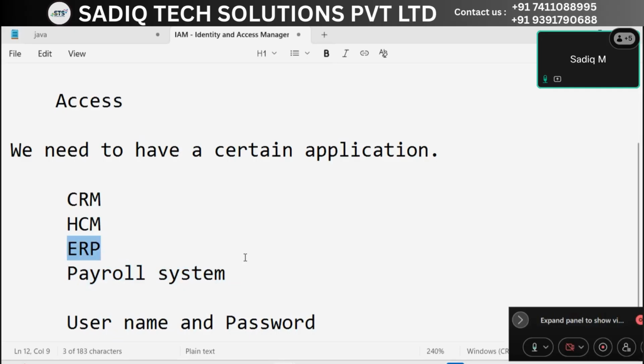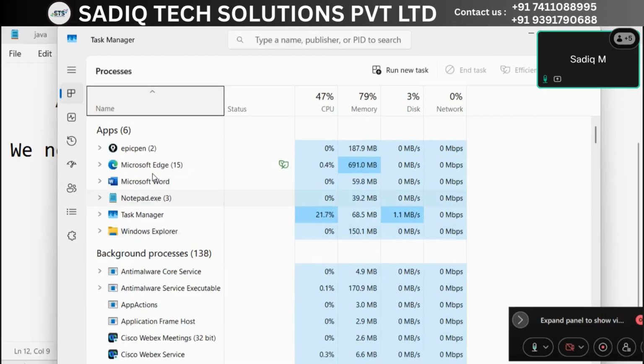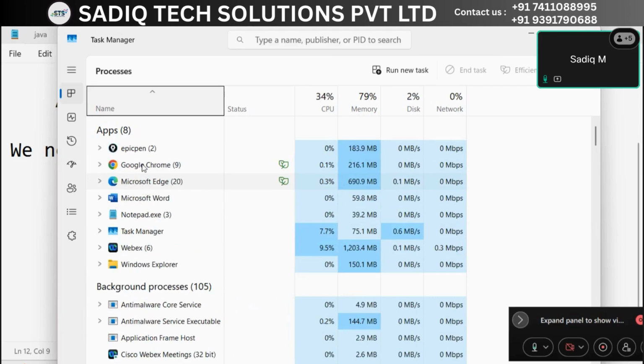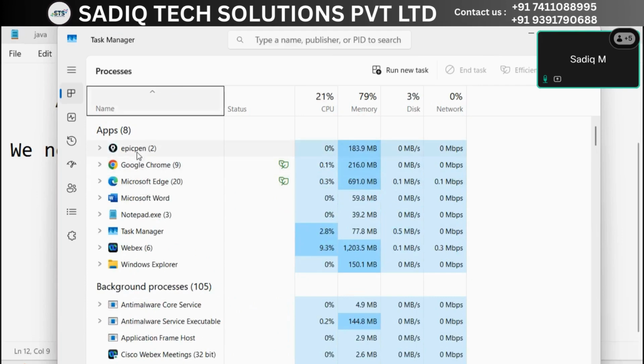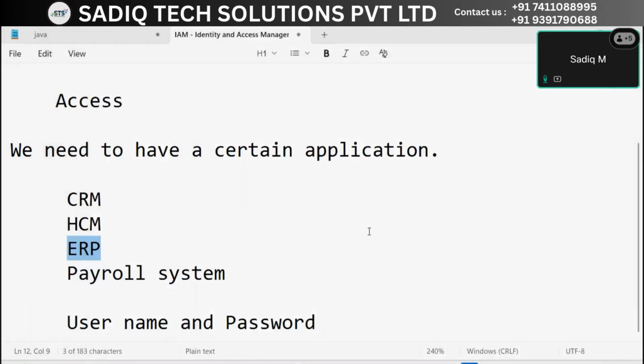Suppose in an organization we have 20 applications on average. For those 20 applications, 20 usernames and 20 passwords have to be maintained. So it's a tedious task. Even if you ask me to remember 4 passwords, it will be very difficult for me.